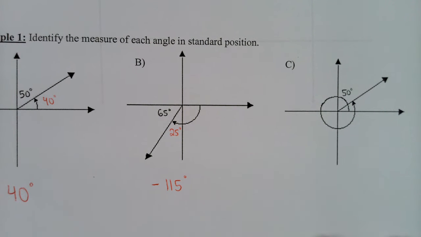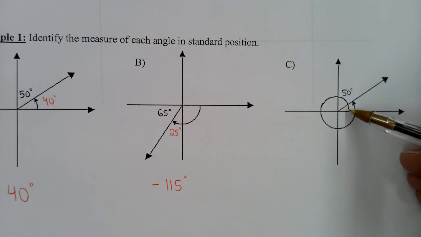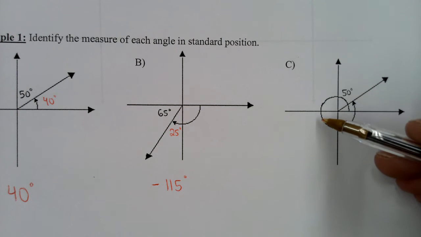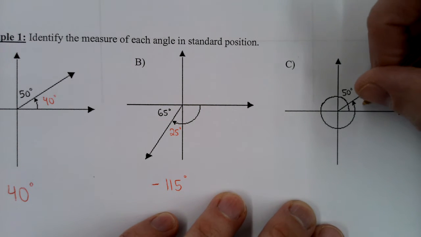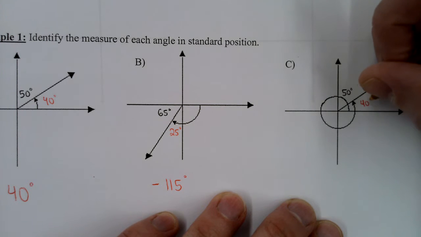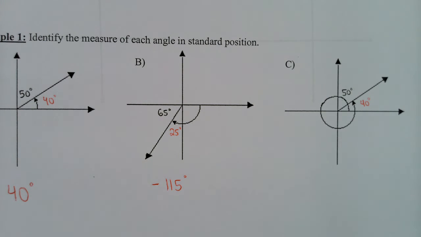Again, notice the arrow right here, okay? It's going around once, one entire circle around, and another part, okay? So this part right here is going to be 40, kind of like example 1A. This part will be 40. But the final answer is not 40. The final answer is going to be one circle plus 40.